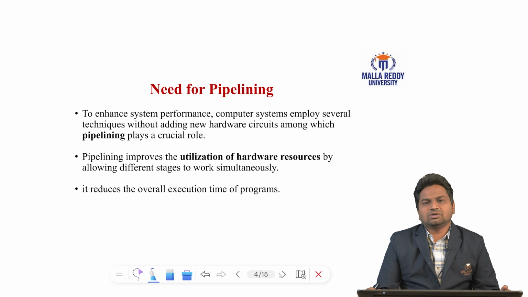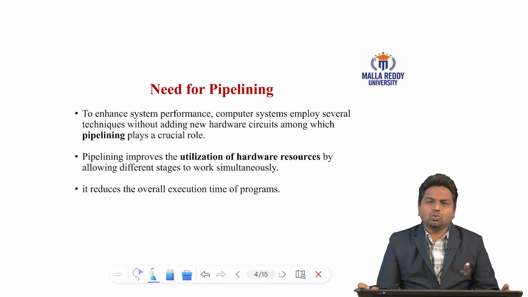So for getting good performance, the first option is attaching new hardware circuits. If you give more circuits to the processor, it will give results very quickly and very fast. That is one approach, but it is very costly and very time-consuming.